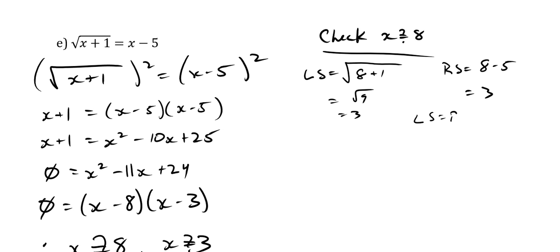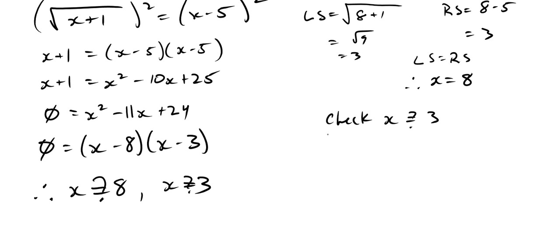Left side equals right side. Therefore, now I can make my statement: x does equal 8. Now I'm going to check if x equals, what was my other answer? 3. Square root of 3 plus 1, which is 4. Square root of 4 is 2.